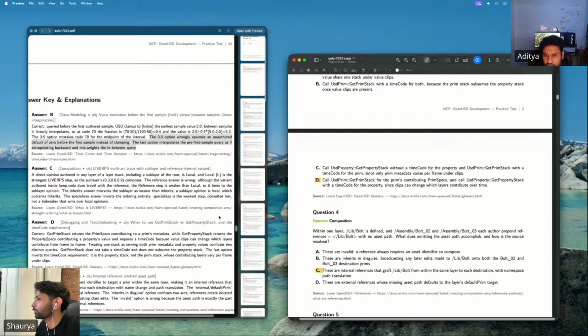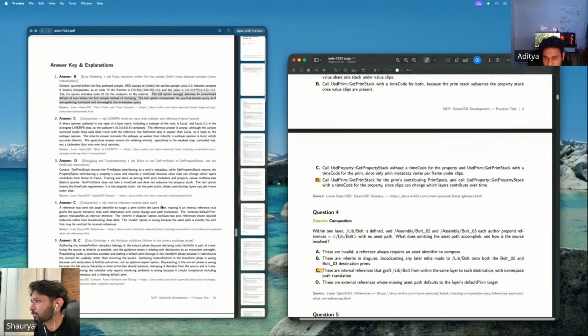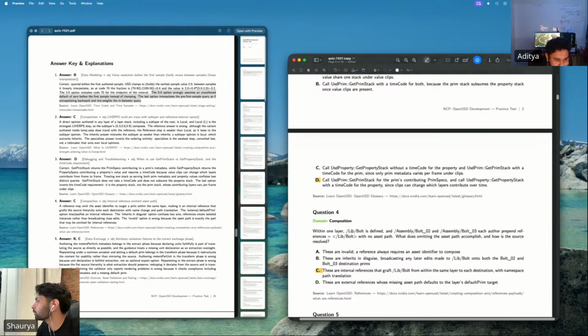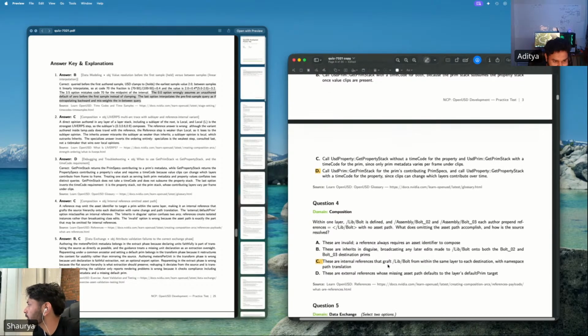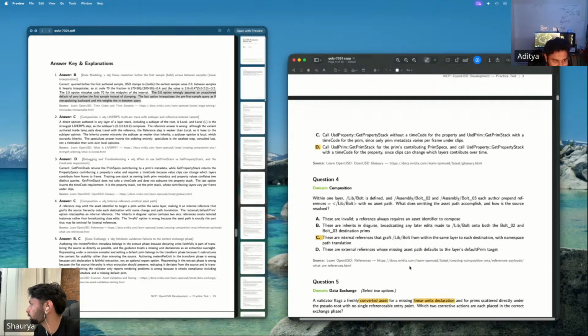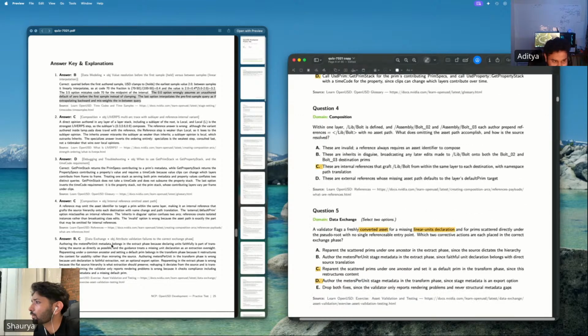I'm just seeing. Okay, fourth is C, correct? Yes. These are internal reference graph nodes. Yes, he is correct. Oh, wrong.